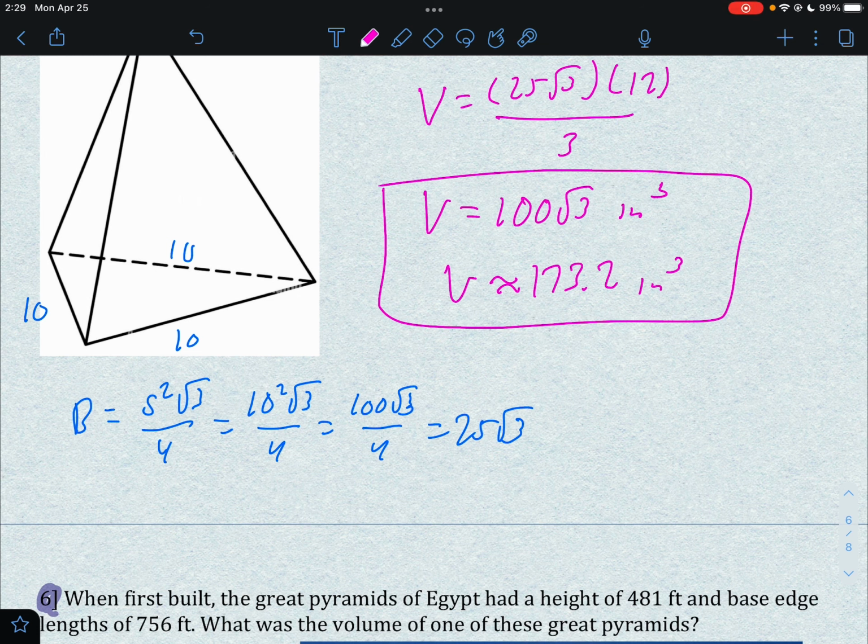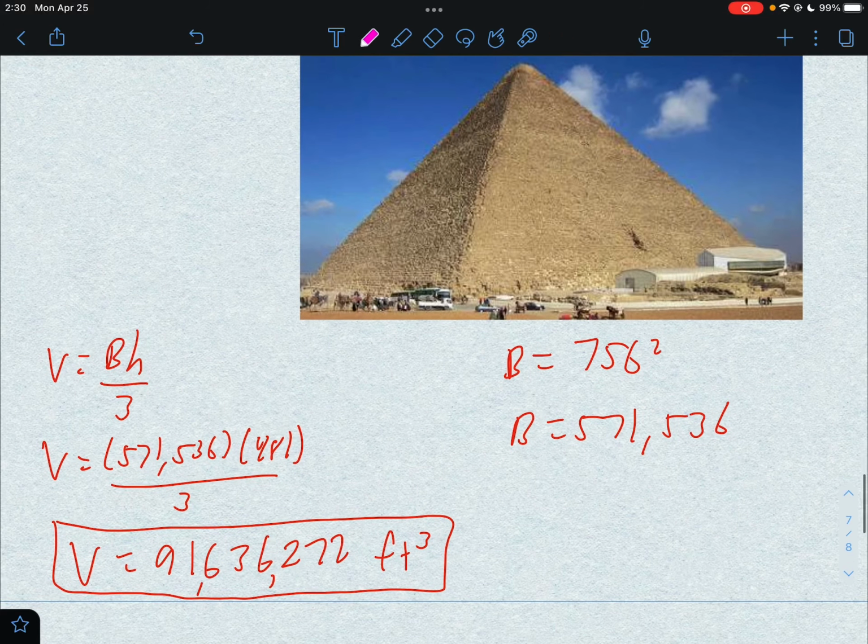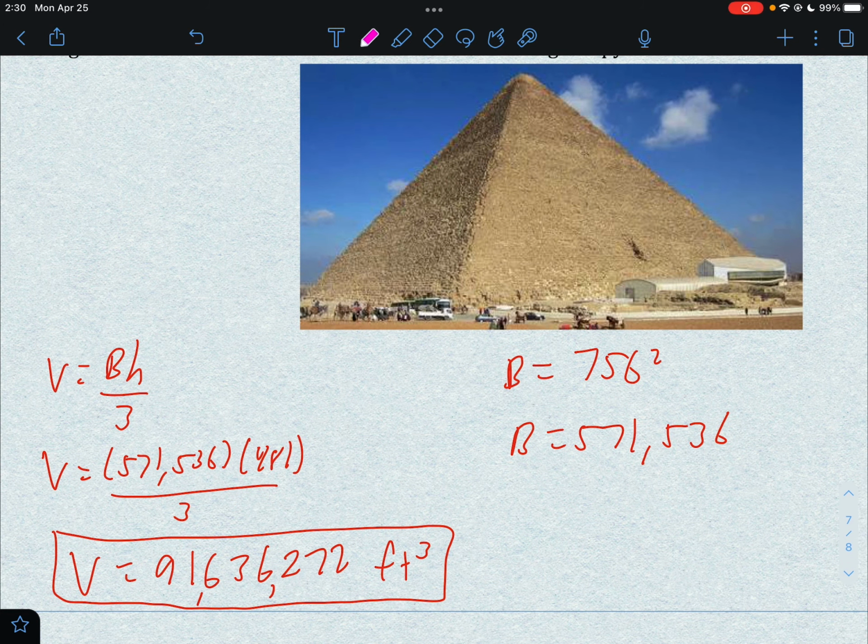Unpause the video and check your work. And here is your work and answer for the last problem. 91,636,272 cubic feet, which makes sense as it's basically a very large building.